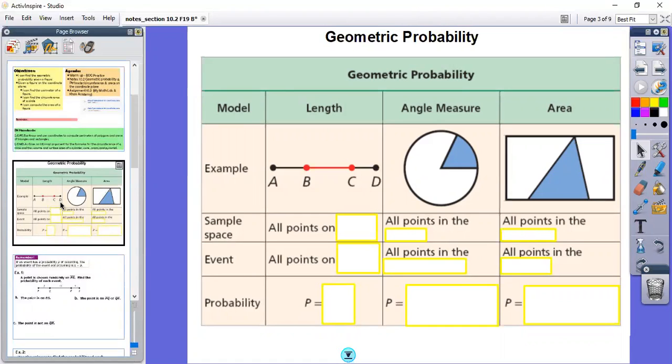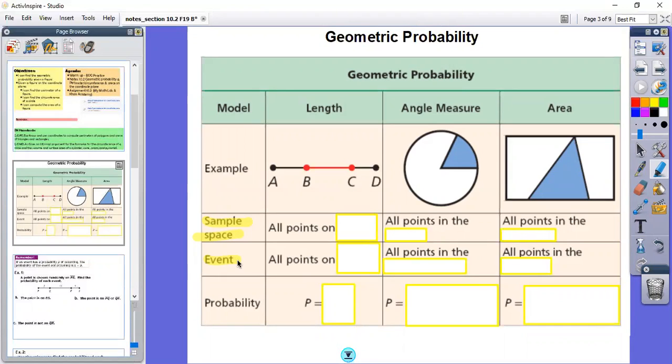So one would be this word here, sample space. When we're thinking about sample space, what we're talking about is all of the possibilities that could happen. And then the word event would be the thing that we're talking about the probability of happening. So in the weather example, the sample space would be anything that could happen on a given day.